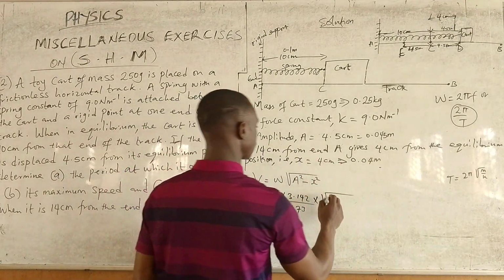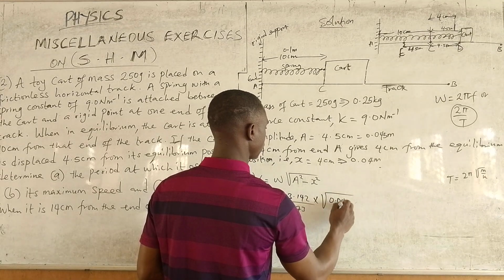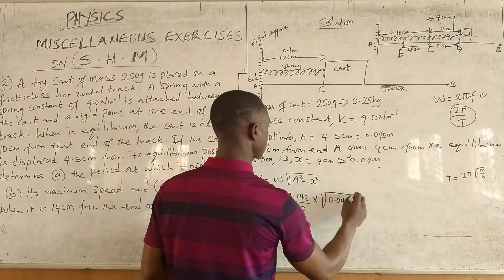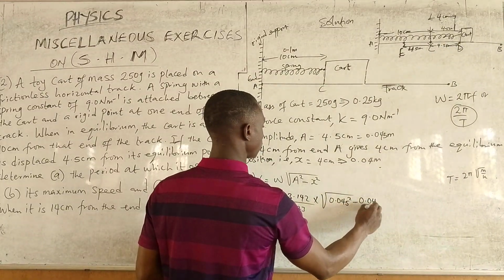What's A? 0.045 squared, then minus, what is x? 0.04 squared.